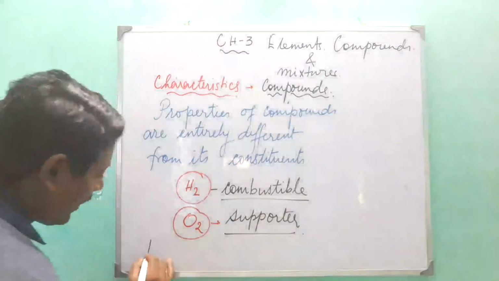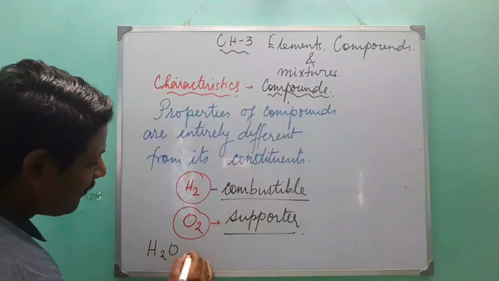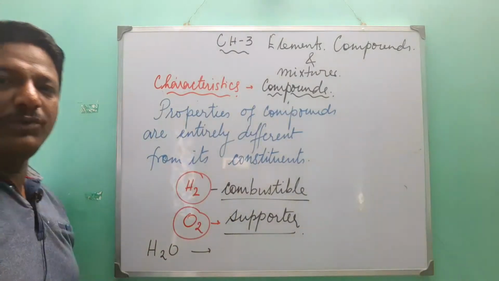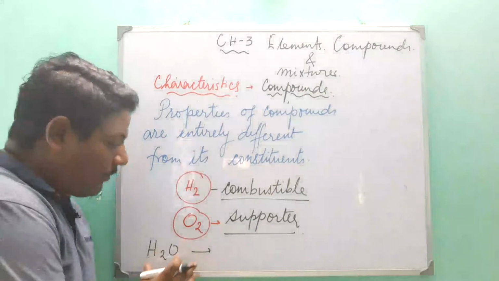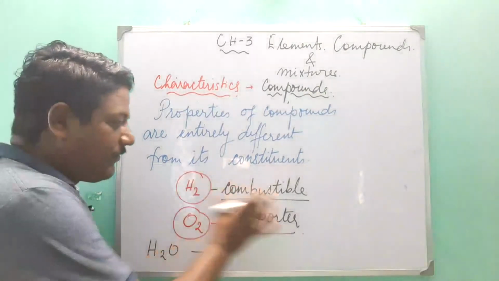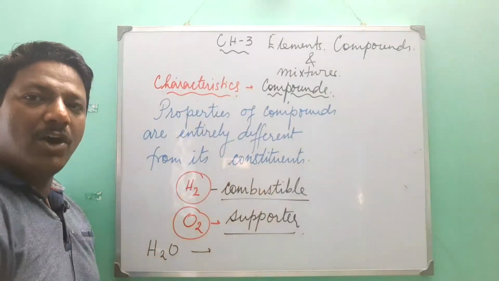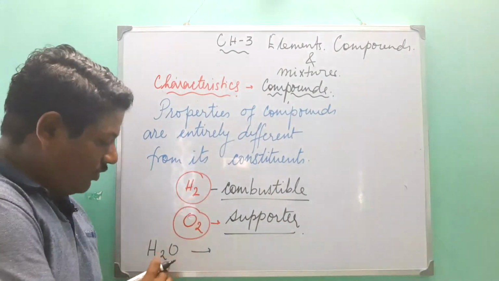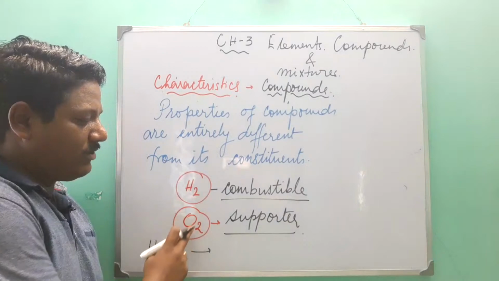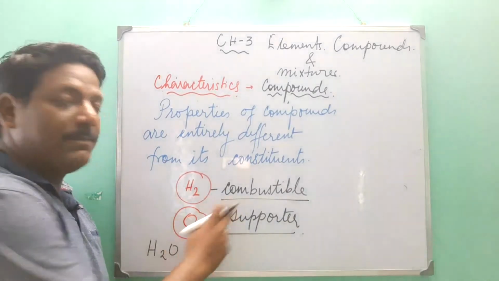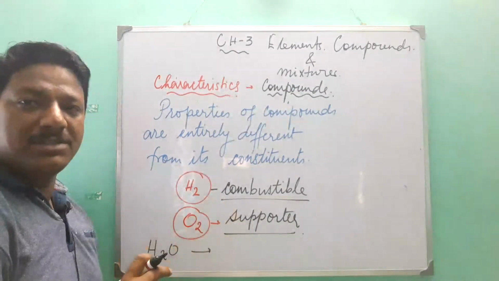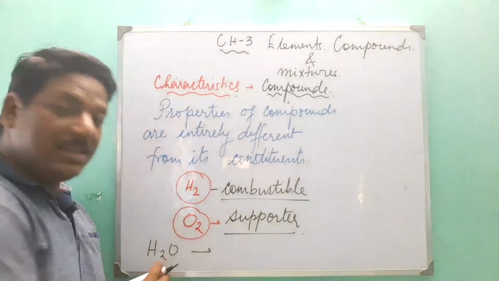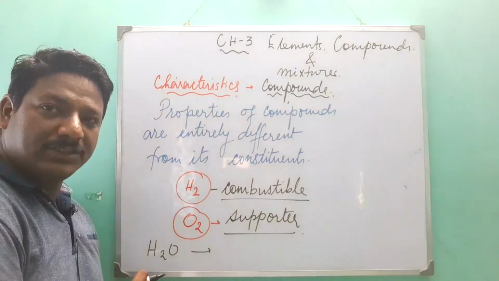But when hydrogen and oxygen combine together and form water, what do we see about water? The property of water is completely different from hydrogen and oxygen. Hydrogen is combustible, water is not combustible. Oxygen is a supporter of combustion, water is not a supporter of combustion.